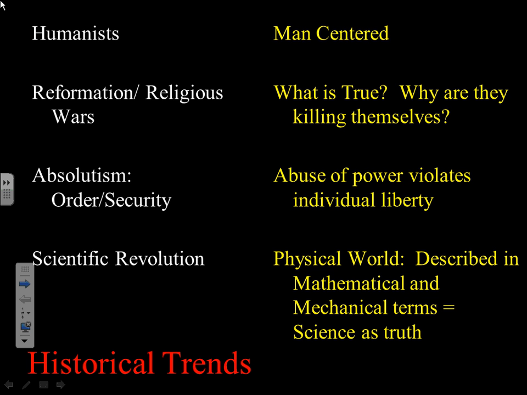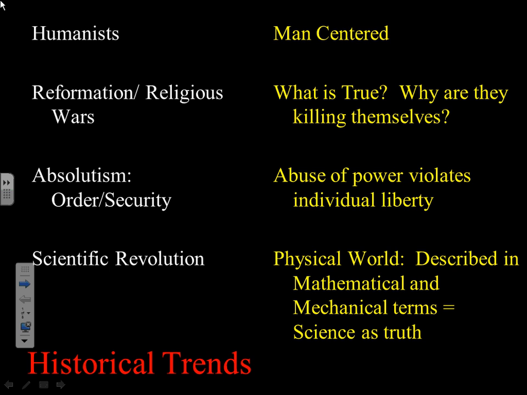Before we get into SI2, I'm just throwing up this slide. You can see it's titled Historical Trends, capturing some themes here. In the Renaissance, we see a big emphasis on human beings, which spawned a particular thought called humanism. I just want to reconnect you with that. It might have been something that you studied last year.